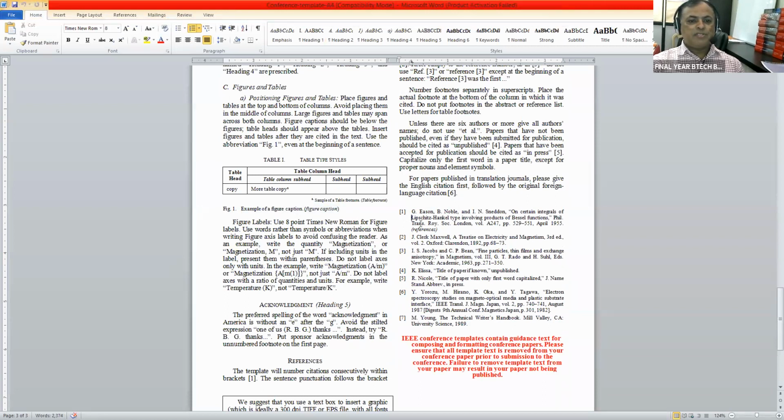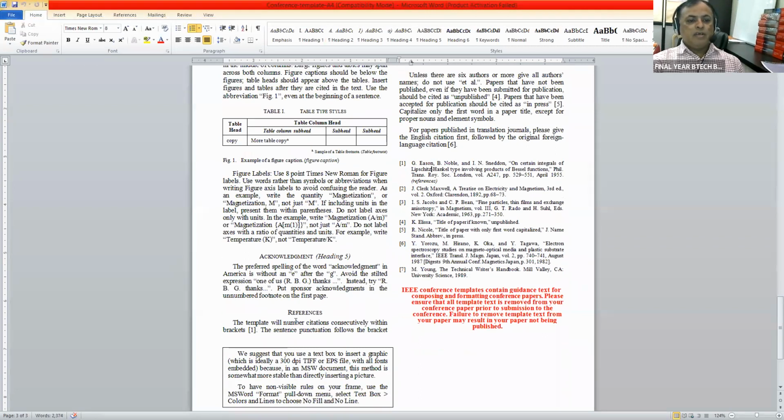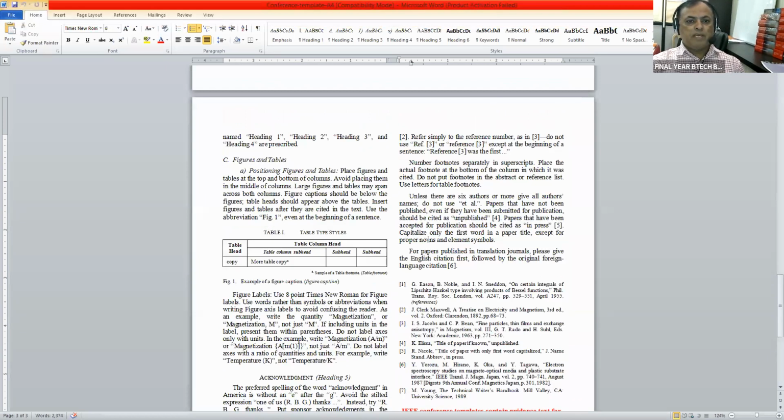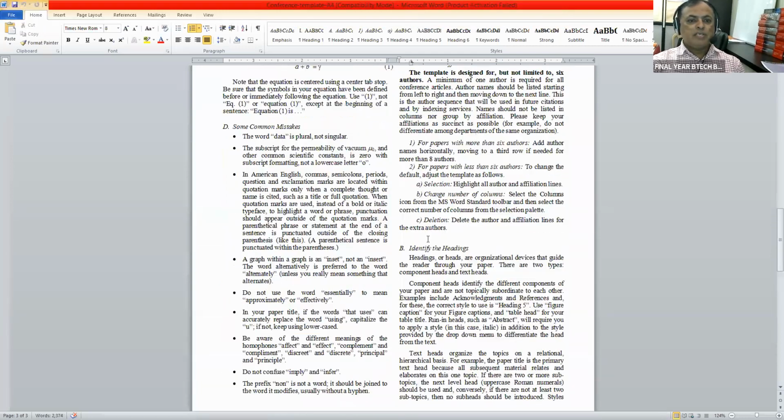These are the references. You can see the references font. It is 8 Times New Roman. You can see the author name, title of the paper, then publication, then the page numbers, and the year of publication. Depending upon the format, you can go for the paper publication. So this is how you can identify things.